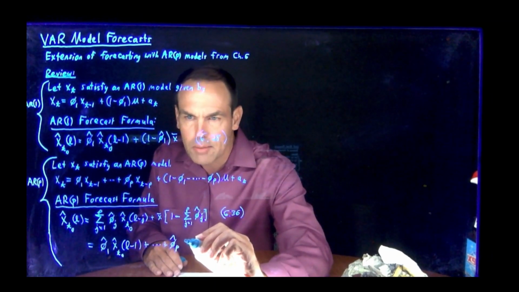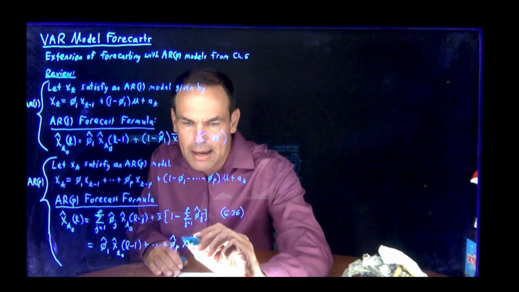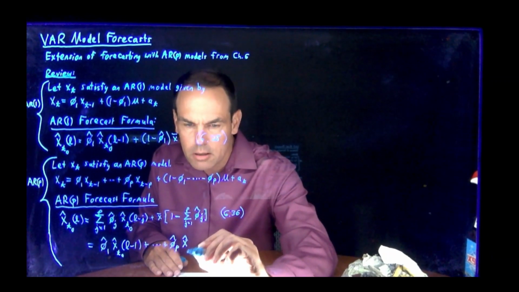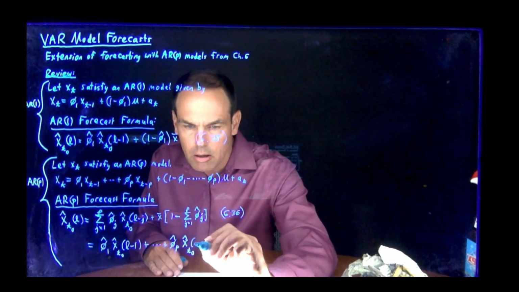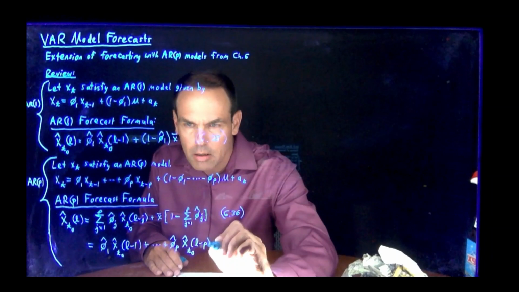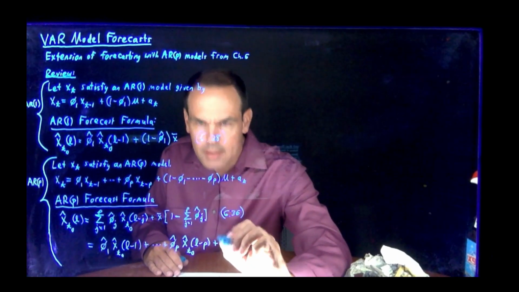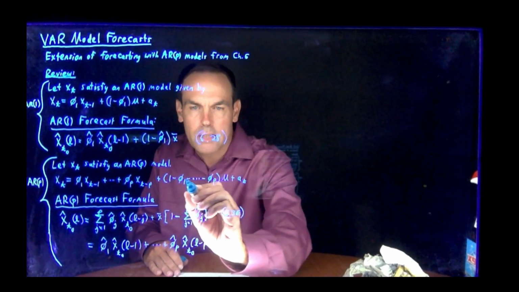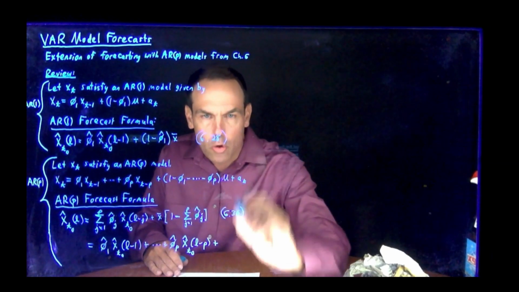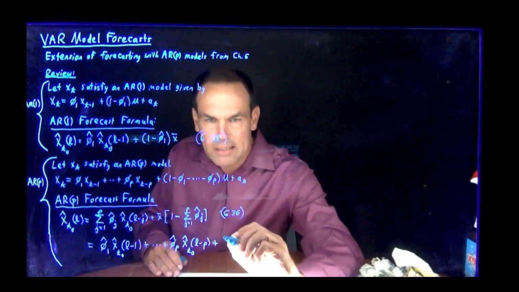The x sub t minus p will be replaced by x hat of t naught of L minus p, plus, so we have this 1 minus phi1 out to minus phi p of mu. We know that the mu gets replaced by x bar.